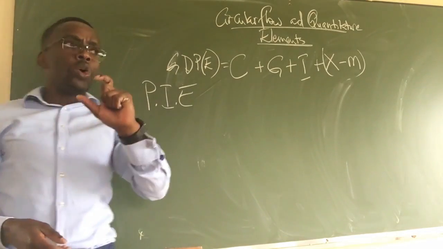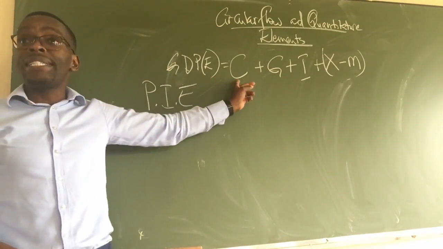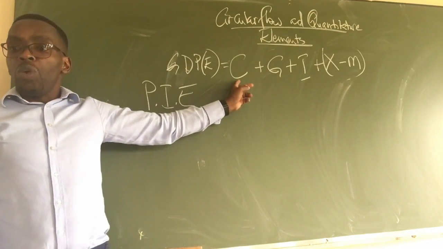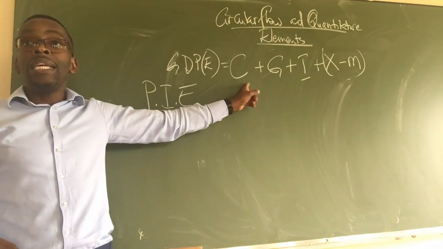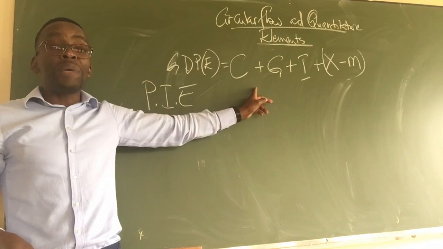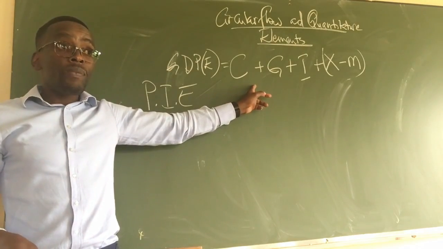And I want you to note that our C, what does it stand for? Consumption spending by households. So we are going to write C stands for consumption spending by households.